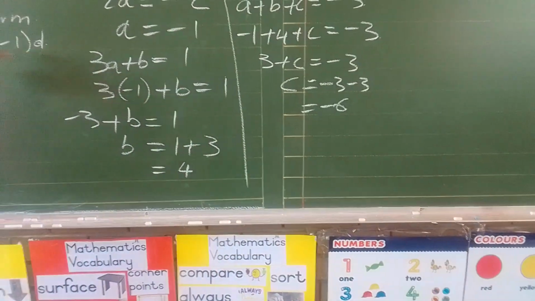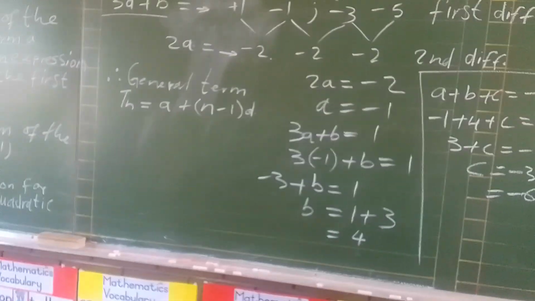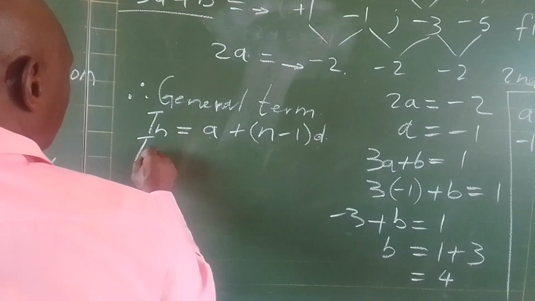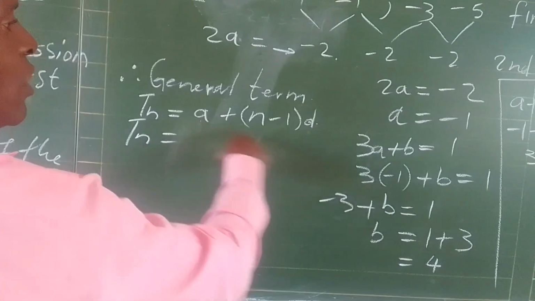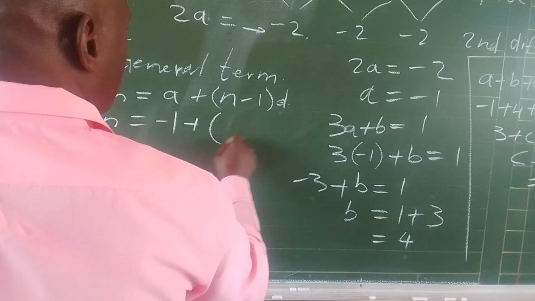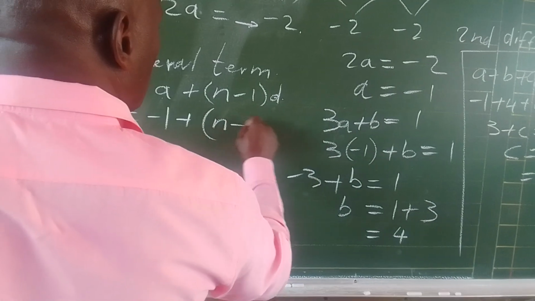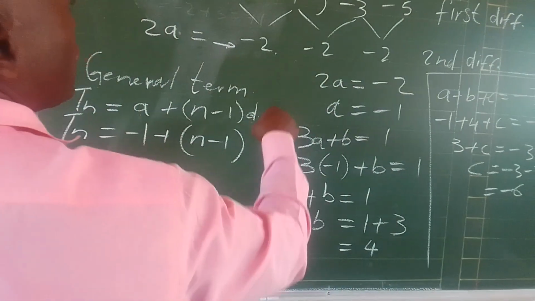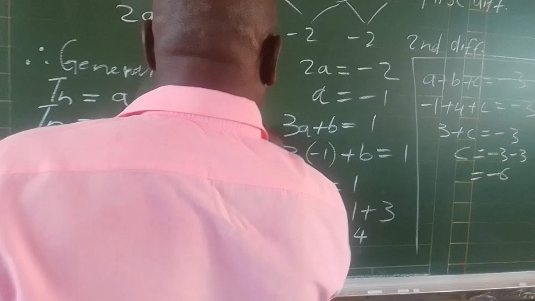Now we come back here for the general term. Your Tn is equal to, your a was -1 and your d is here. Your d is -2.